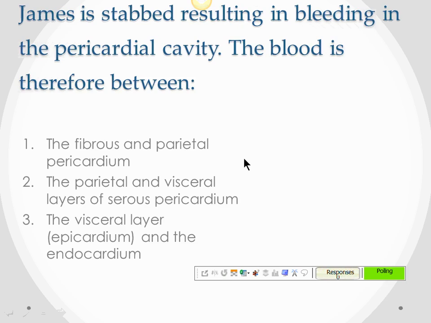Okay, let's look at this question. James is stabbed and there is bleeding in the pericardial cavity. So where do you think the blood is lying?